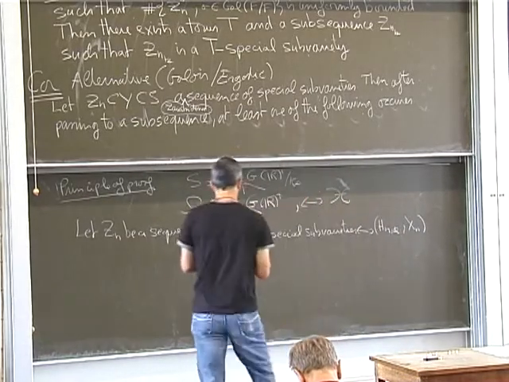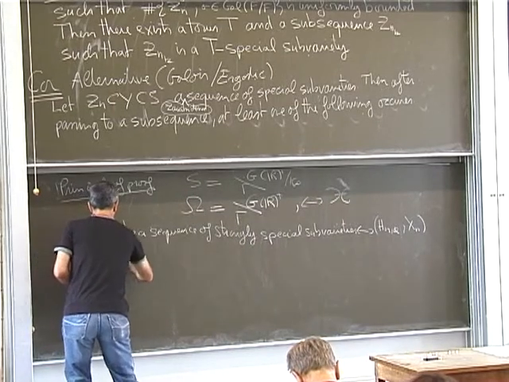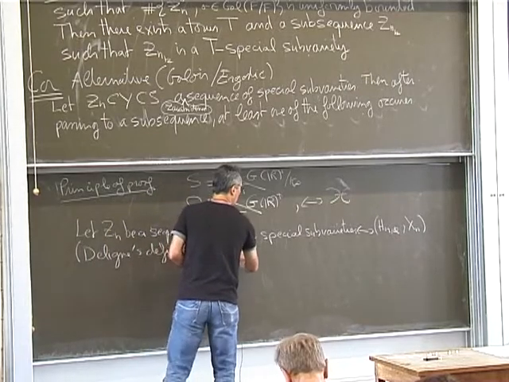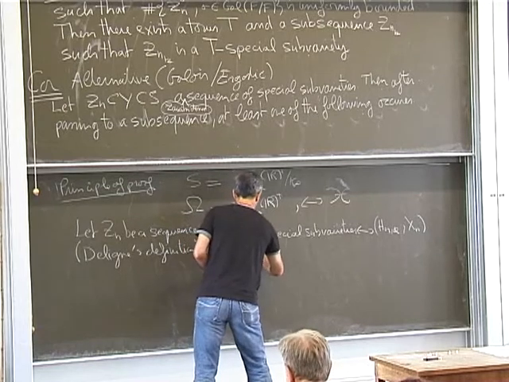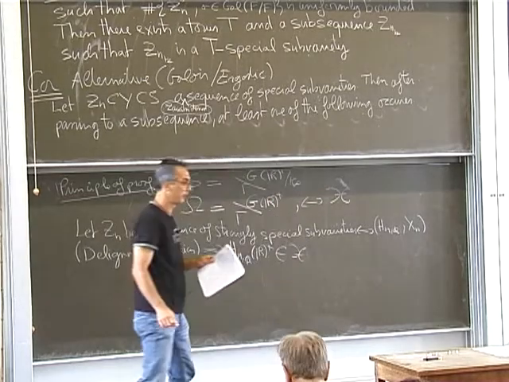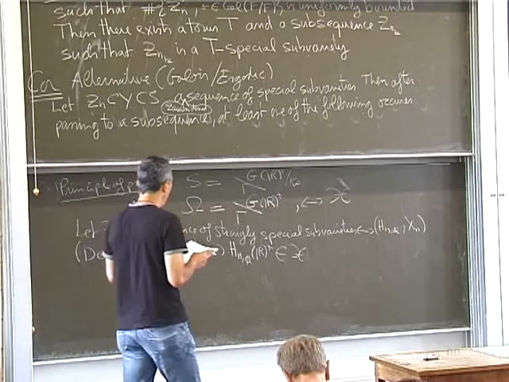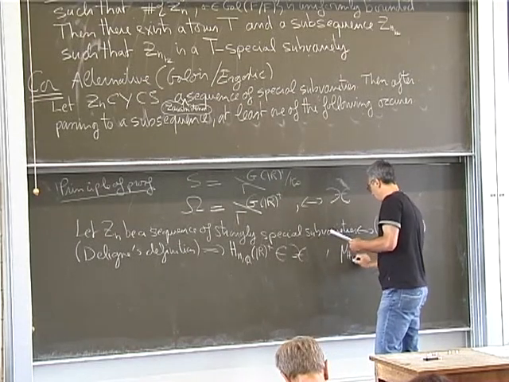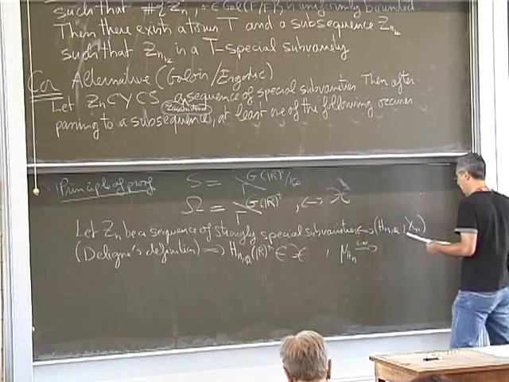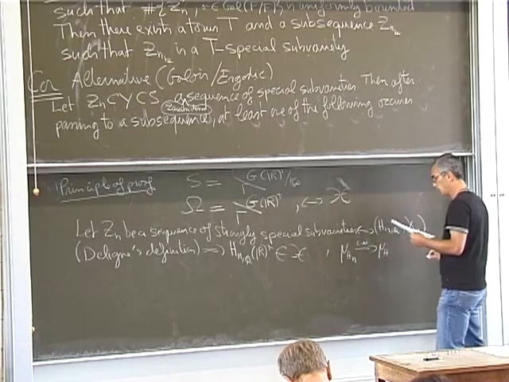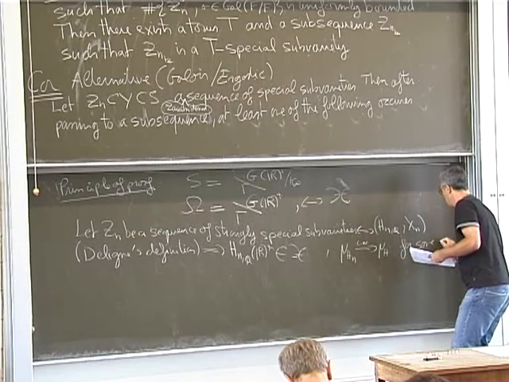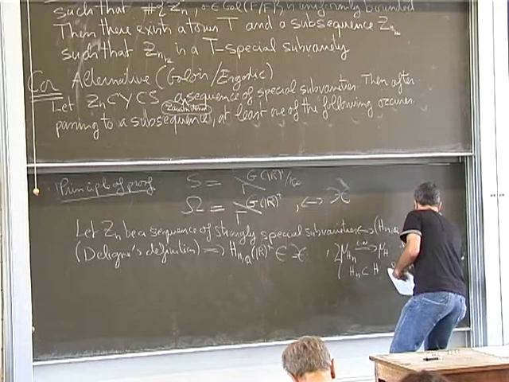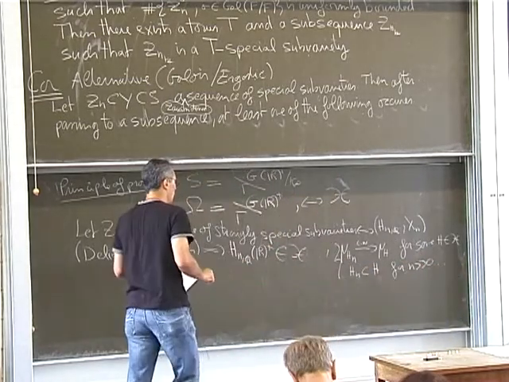And using the definition by Deligne, this will imply that H_n and Q of R plus is in fact in my class H. And passing to a subsequence, I can assume that mu_{H_n}, and using the Mozes-Shah theorem, converges for some H in H, and with the property that H_n is in H for n big enough.